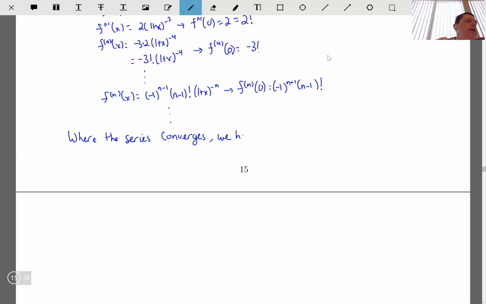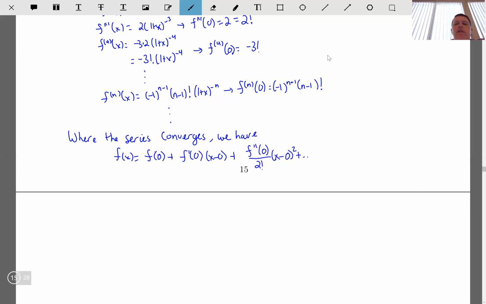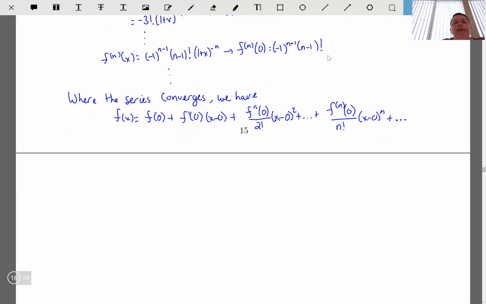We know that f of x is going to equal f of 0 plus f prime of 0 times x minus 0, plus f double prime of 0 over 2 factorial times x minus 0 squared, and so on, the nth derivative over n factorial times x minus 0 to the n, and this keeps going forever. It's an infinite series after all, so that's what they do.